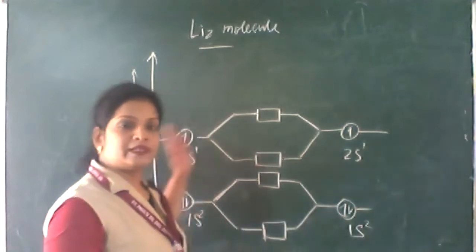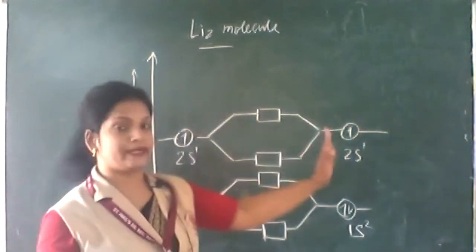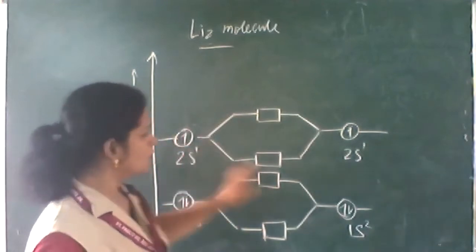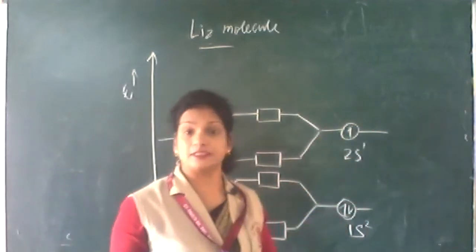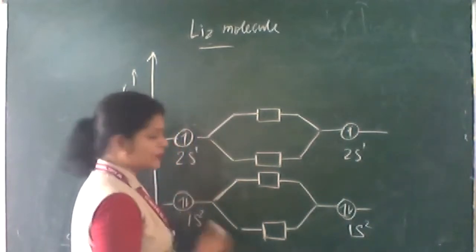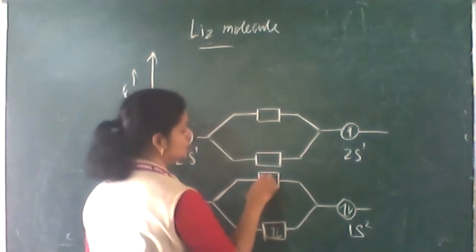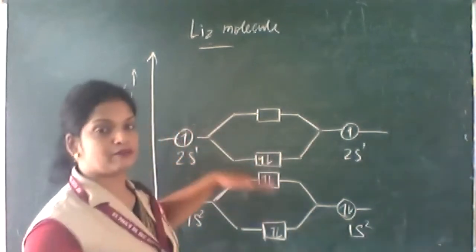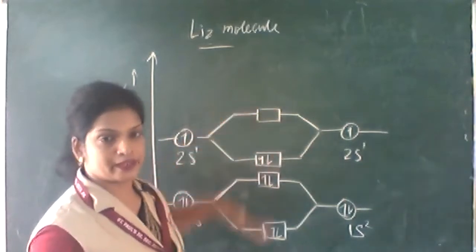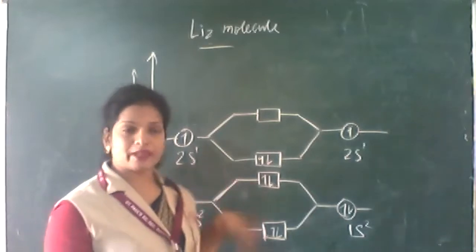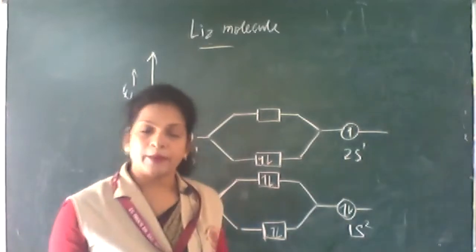So lithium, one side is Li, the other side is Li. How many electrons are present? 1, 2, 3, 4, 5, 6. 6 electrons are present. So here, all the 6 electrons we are going to arrange. 1, 2, 3, 4, 5, 6. Orbitals are filled in the increasing order of their energy. That is the Aufbau principle. Hund's rule of maximum multiplicity is also applied here.